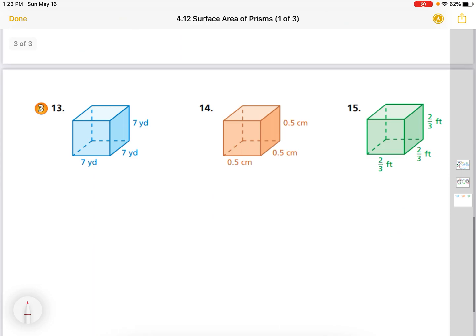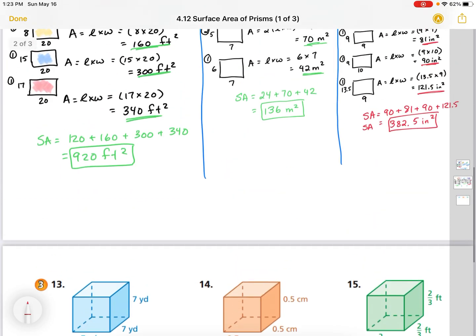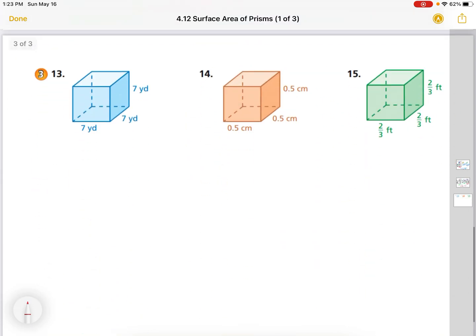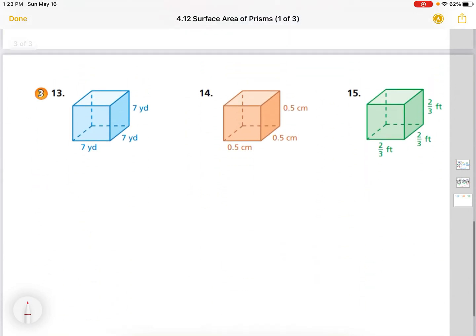Now, the last three here, these ones here are all triangular prisms. And we can tell that because there's two triangles and the rest are rectangles, okay? Now these last three are cubes. Now cubes are great. Cubes have a formula because each side is the same.